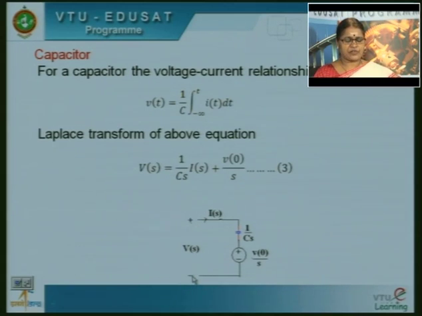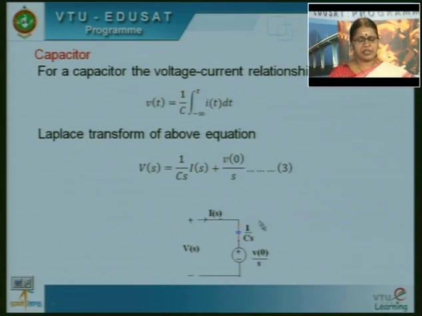If I take V(s) polarities as minus and plus, here the polarities of V0 by S is minus towards ground and plus on the other side. So, this is a transform network which is used to represent the capacitor.